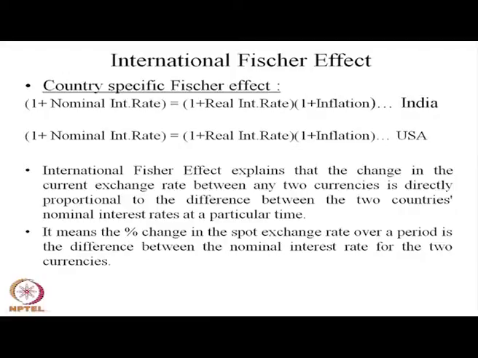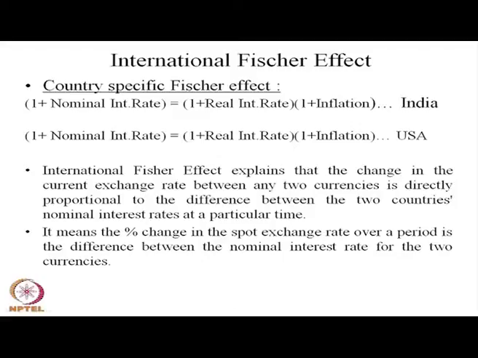But what does the international Fisher effect mention here? The international Fisher effect mentions that the current exchange rate between any two currencies is directly proportional to the difference between the two countries' nominal interest rates at a particular time period.